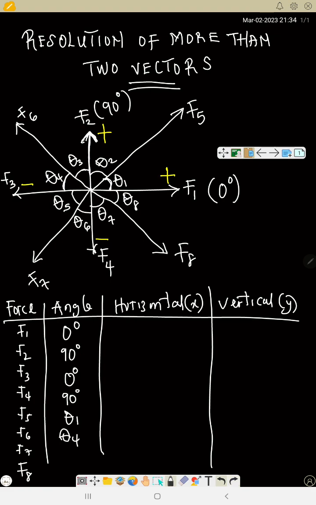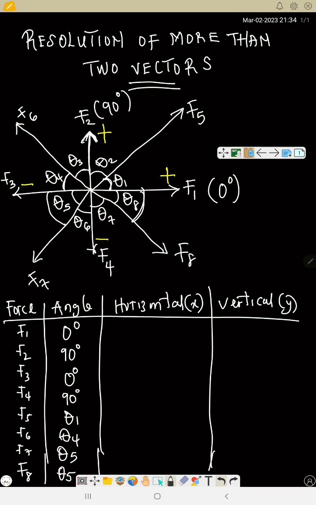F7 we have theta 5, angle to the horizontal. F8 we have theta 8, angle to the horizontal.